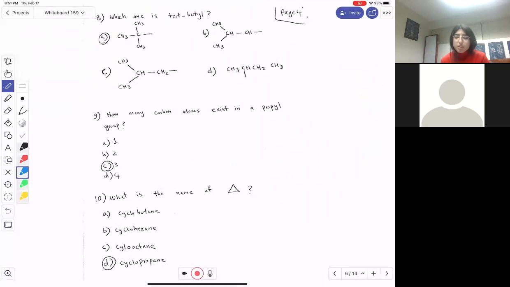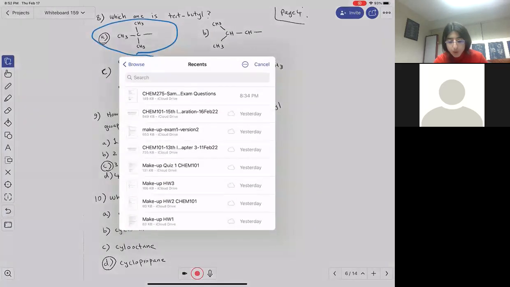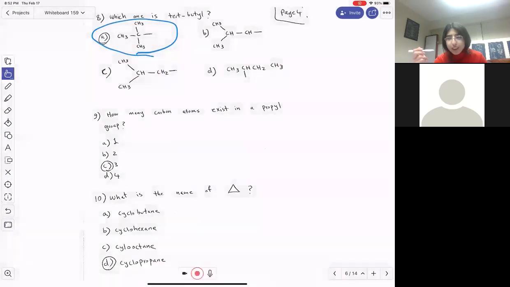Which one is tert-butyl? I discussed that in detail during our lecture the other time. I'll answer the student when I'm done with this. Tert-butyl is this one. Let me go back to the slides we had and show that real quick. Oh, I just talked about it, I didn't have a slide.